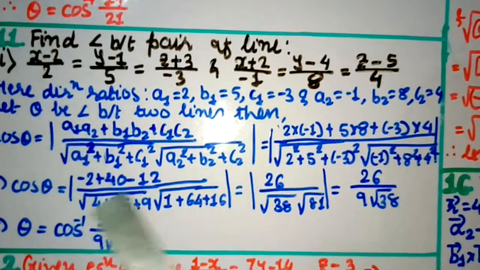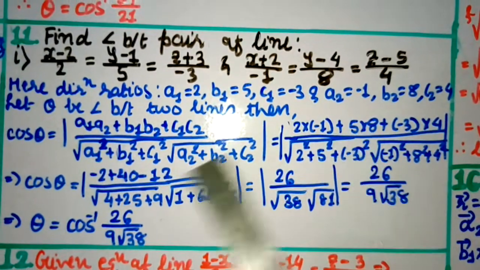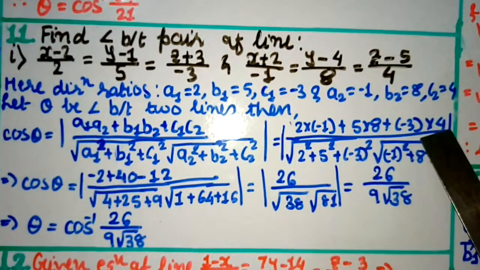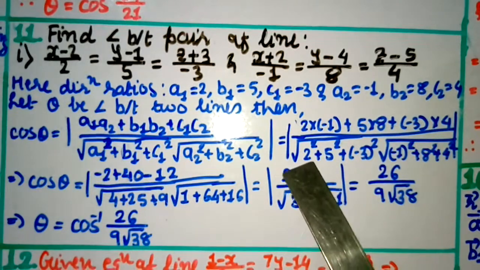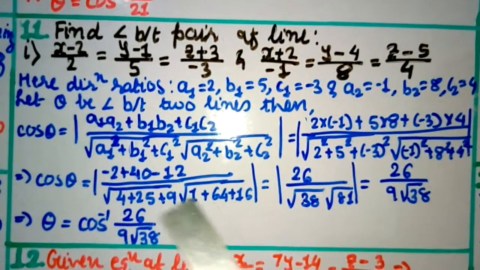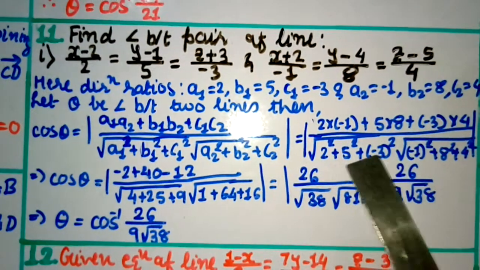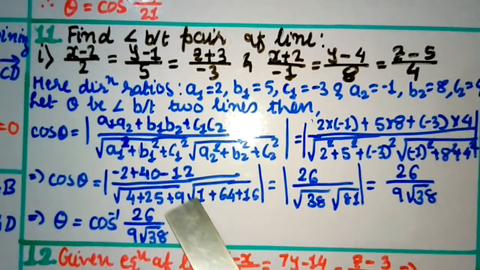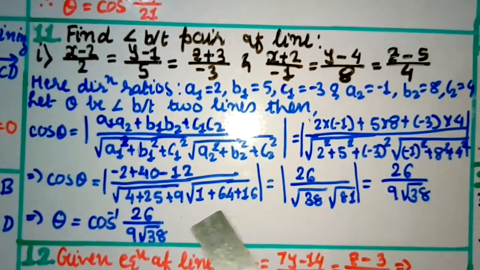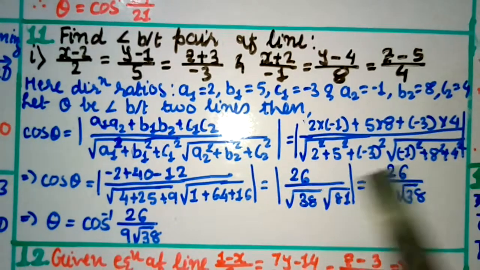So 2 into minus 1 is minus 2, 5 into 8 is plus 40, minus 3 into 4 is minus 12, divided by square root of 2 square is 4 plus 5 square is 25 plus minus 3 square is 9, into square root of minus 1 square is 1 plus 8 square is 64 plus 4 square is 16.